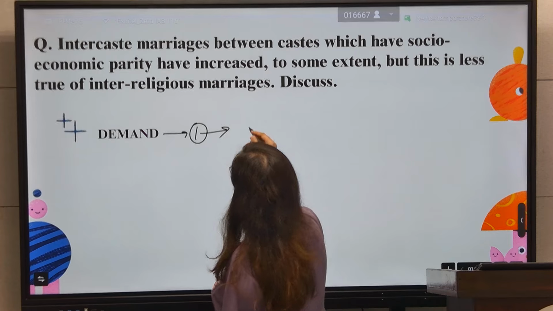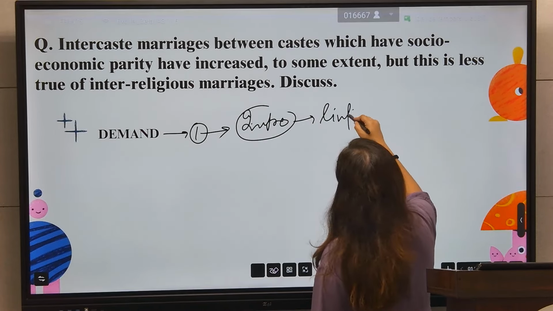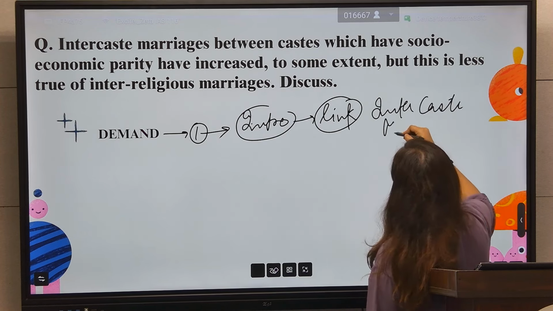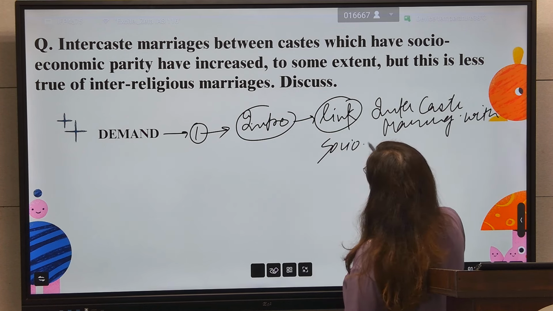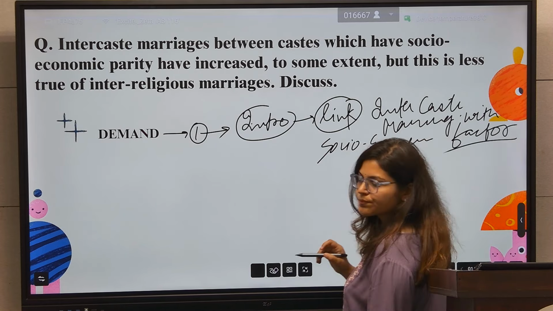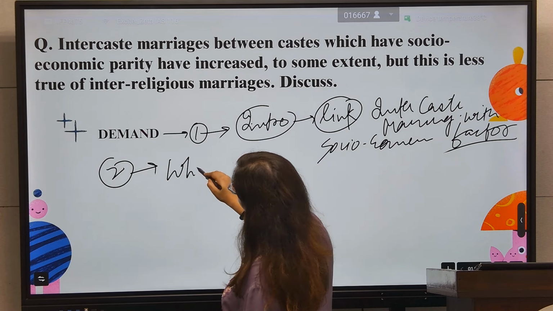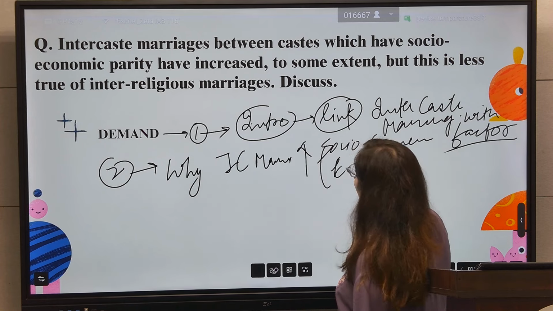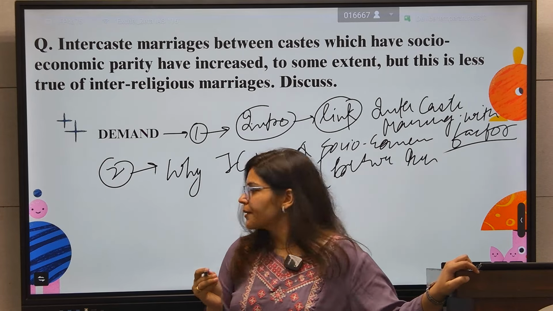So first is the intro. You have to link intercaste marriages with socio-economic factors. Then the second demand is you have to write why intercaste marriages increased between equals, or people who have socio-economic parity.